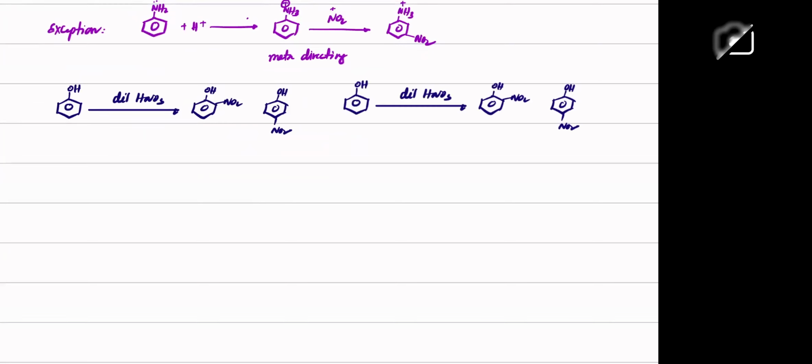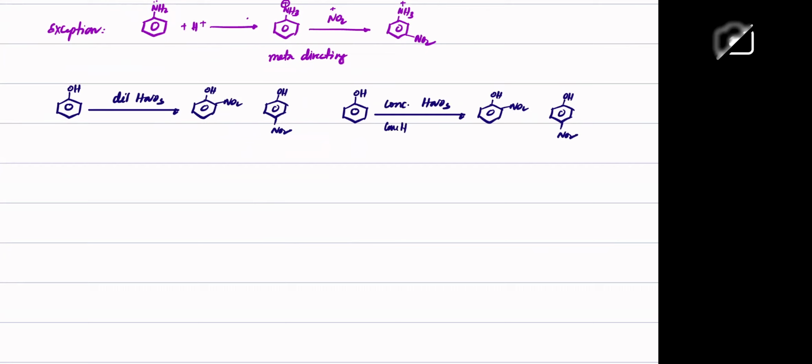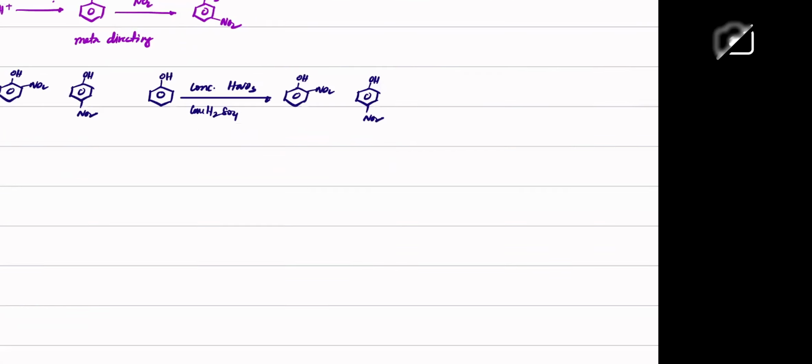So if you have phenol with concentrated HNO3 and concentrated H2SO4, along with this ortho and para, you would actually get an oxidized product, which is quinone, and this will be major.